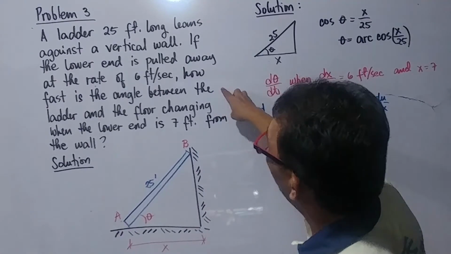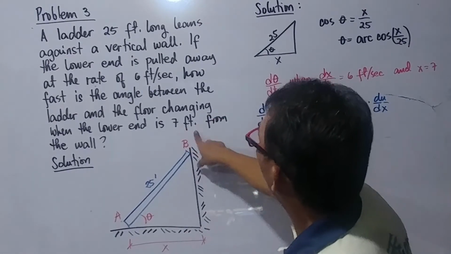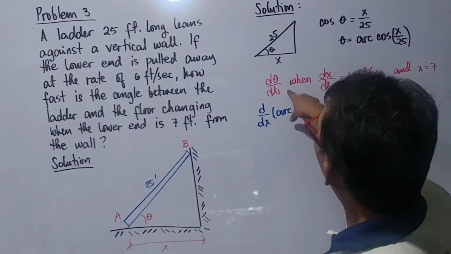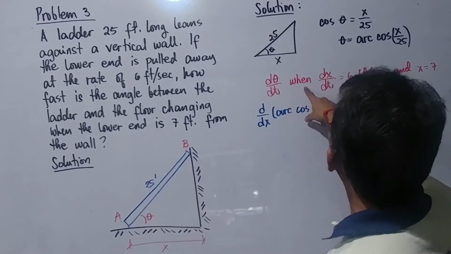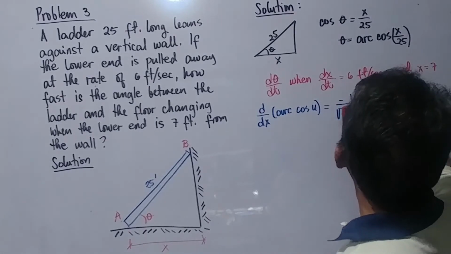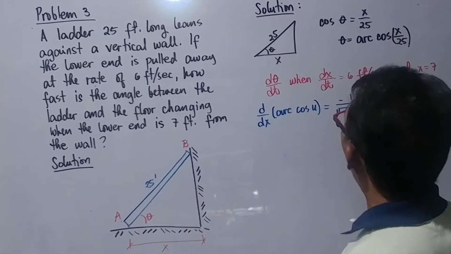How fast is the angle between the ladder and floor changing when the lower end is 7 feet from the wall? So as you notice, we can take the differential of theta with respect to t when dx dt is equal to 6 feet per second and x is equal to 7.